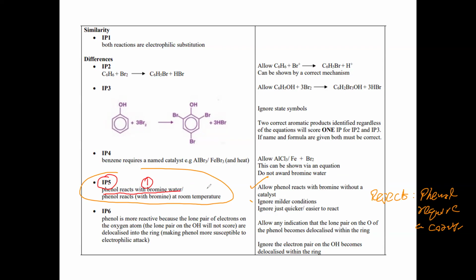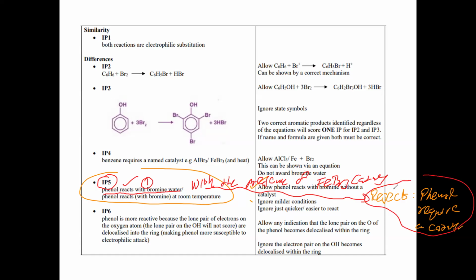For marking point 5, they have written reject: phenol requires a catalyst. Say you write that phenol reacts with bromine water in the presence of FeBr3 catalyst. Now we have a problem. We wrote the answer for marking point 5 and we also wrote the reject answer for marking point 5. Since you have written a reject answer, they will ignore this whole point. You will not get this mark.